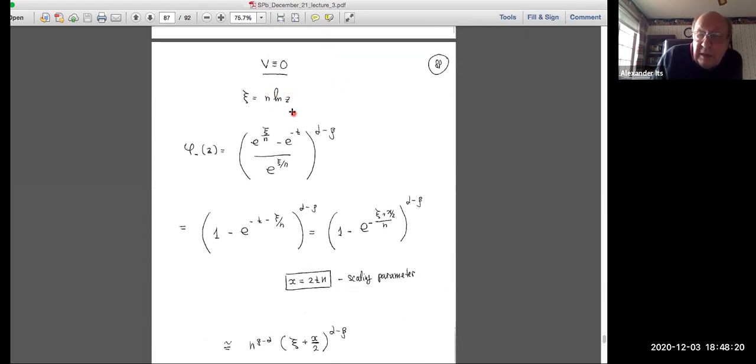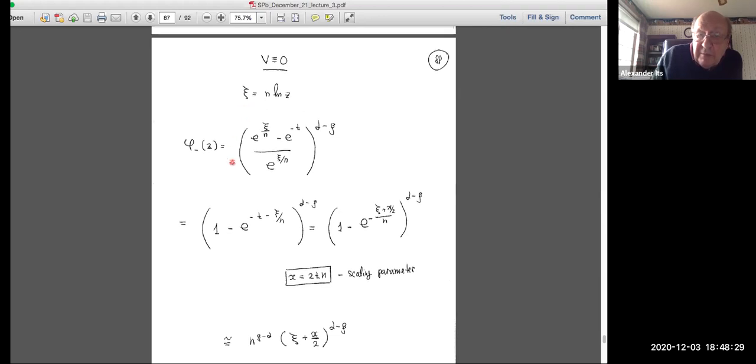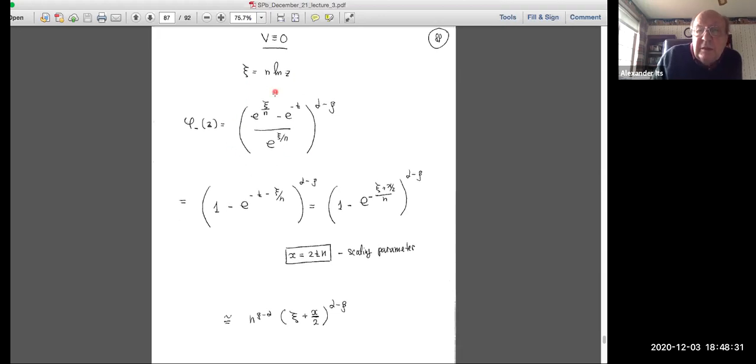So I go to my variable zeta, xi, and I write my phi minus explicitly in terms of nu. It is an explicit formula. Now I assume that my xi is still bounded, so it means that this is a squeezing neighborhood.